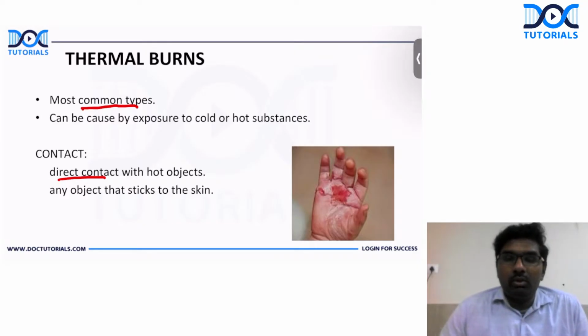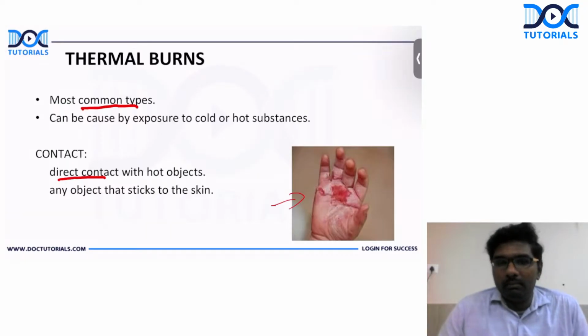So either direct contact with a hot object, or an object which is hot or contains flame sticking onto the skin, can cause thermal burns. In this image, you can see the outcome of a thermal burn.